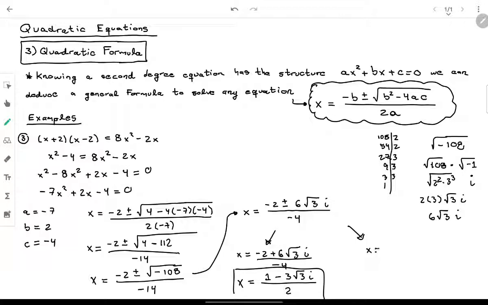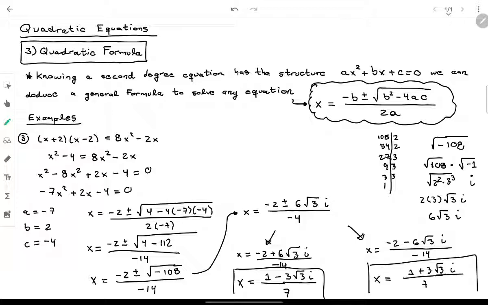The other one is going to be x equals minus 2 minus 6 times the square root of 3i, all of it divided by, I'm sorry, here it was minus 14, so it's going to be 7, not 2. I forgot. Here it's going to be 7. And on the other side, minus 14. So everything is divisible by 2, or minus 2. So it's going to be 1 plus 3 times the square root of 3, multiplying i, over 7. Those are my answers in terms of i.